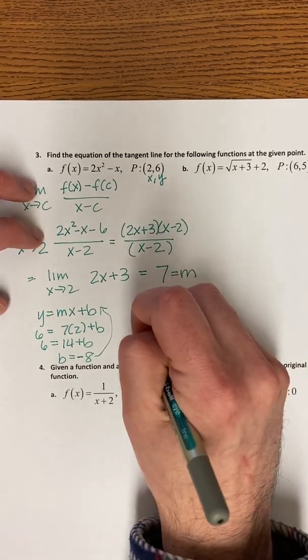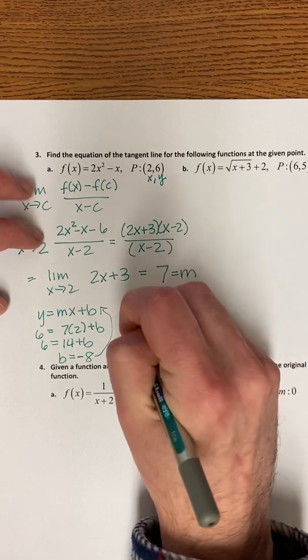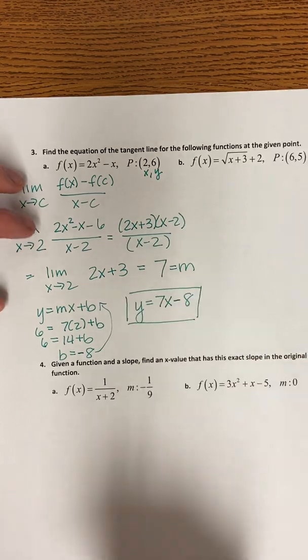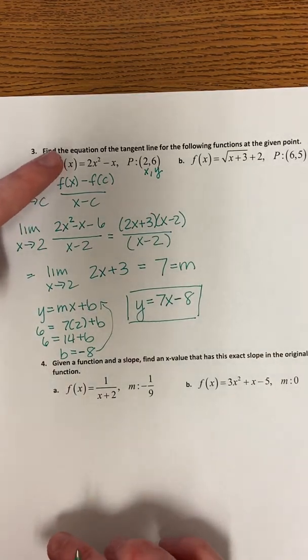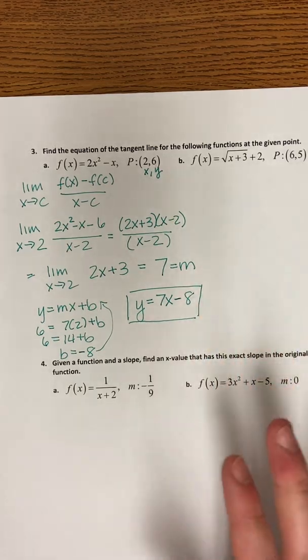We know that m is 7, so the line y equals 7x minus 8 is the tangent line to 2x squared minus x at the point 2, 6. And we'll leave part b for you to practice.